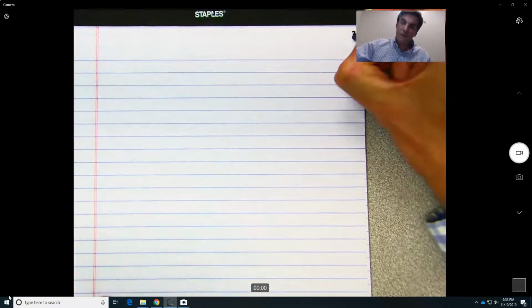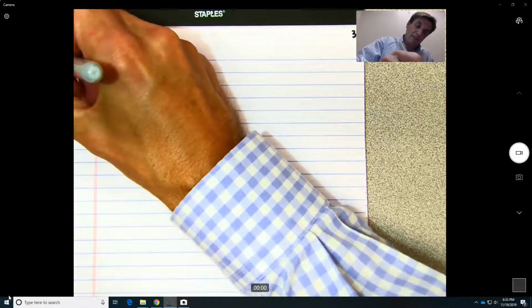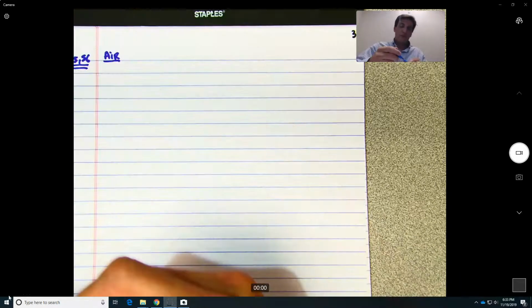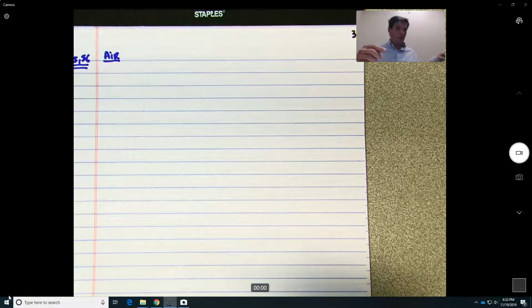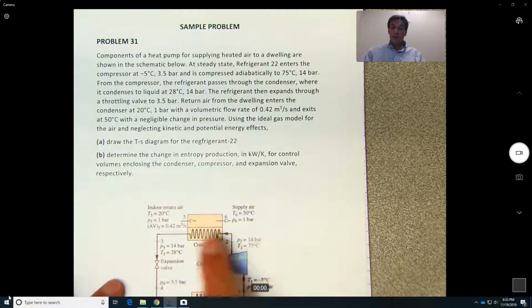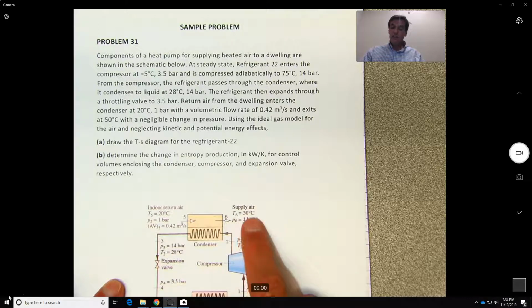Okay, so we need to find S5, S6. So remember, this is for the air. So we are talking here about the air that is going from T5 equal 20 degrees at 1 bar to T6 equal 50 at 1 bar as well.